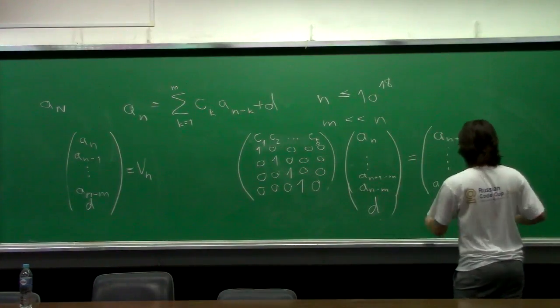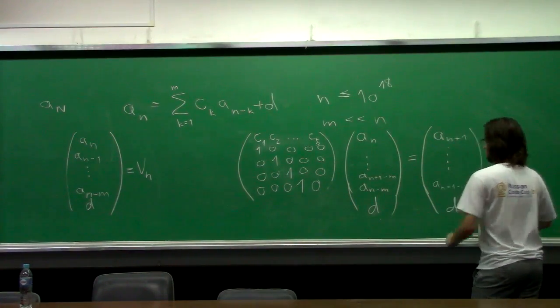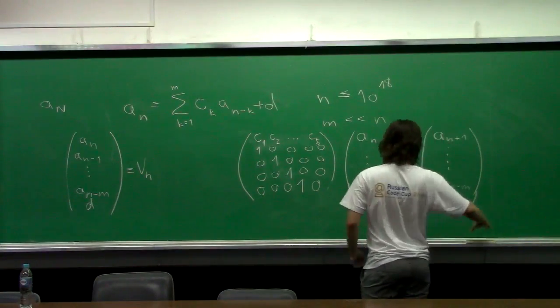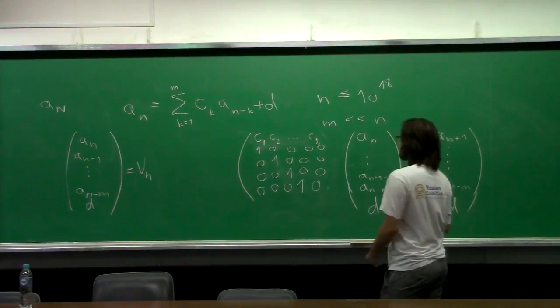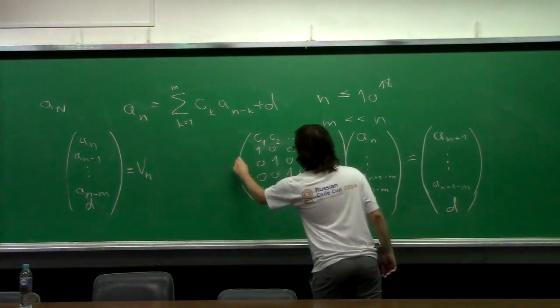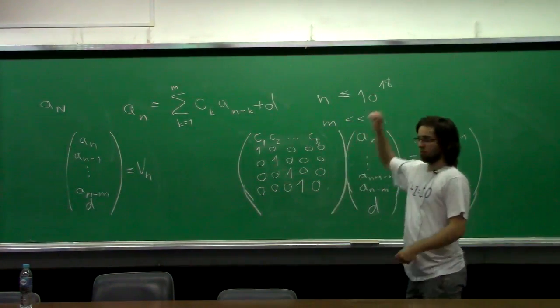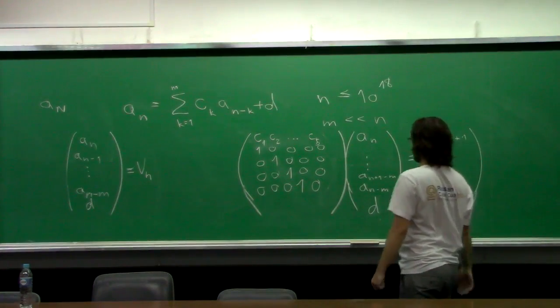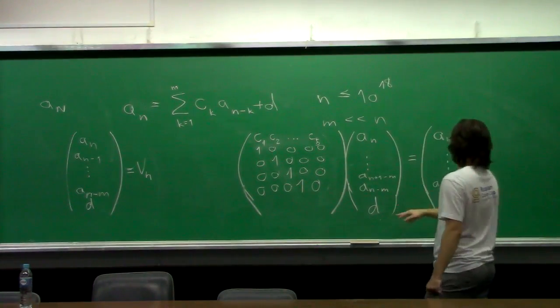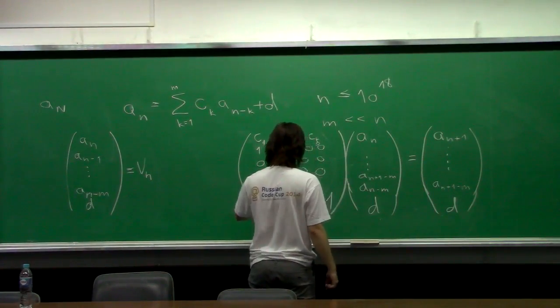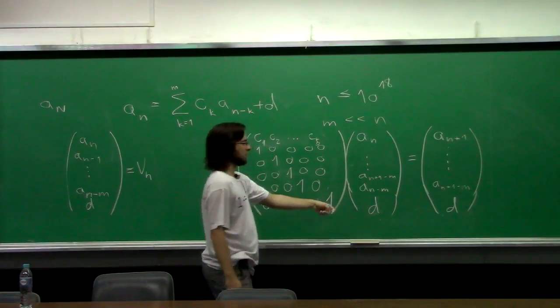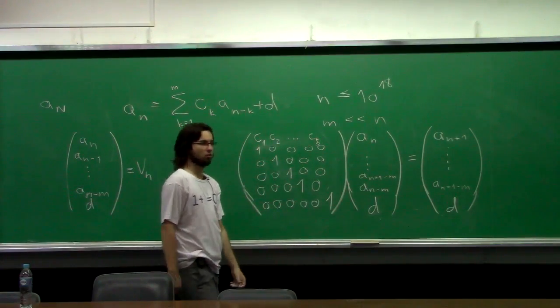Again, we would want d here, and we want something more in this matrix. The matrix must have one more row and one more column, since it should be a square matrix. And of course, d is here. Bottom row should just be 1 at the end, and the rest is the same.